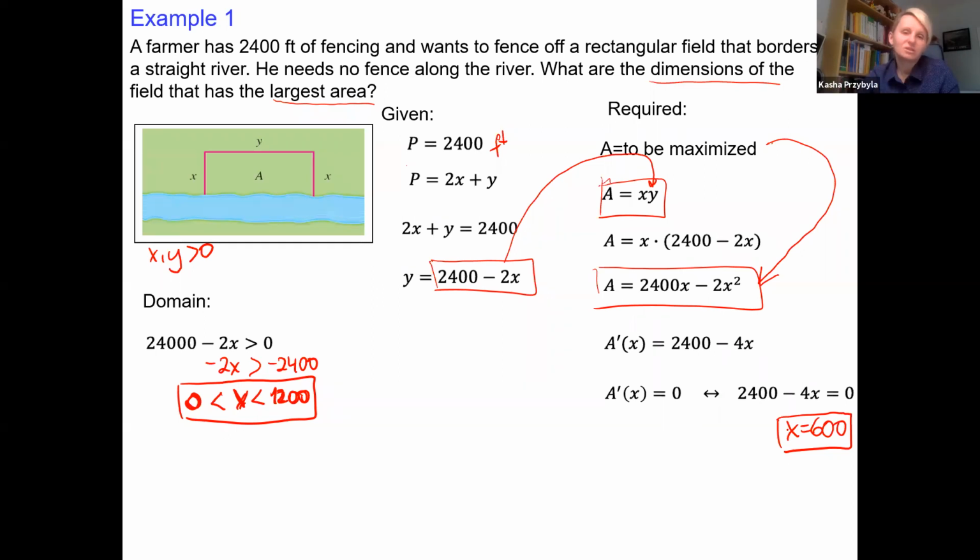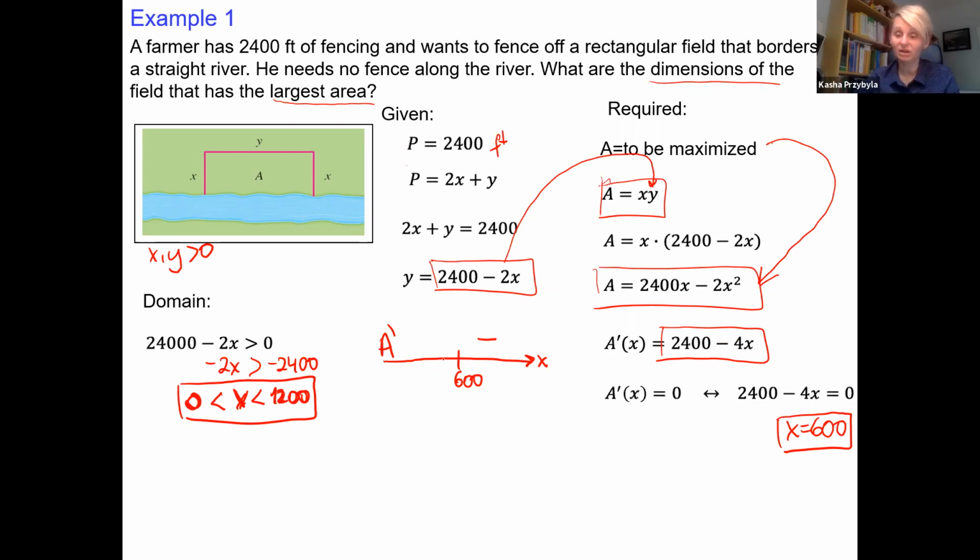And just because this is a nice open-ended question and we would like to see each step, we have to put the 600 on the number line and test it. We test the derivative. If I pick a number greater than 600, let's say 1,000, I will have a negative number.